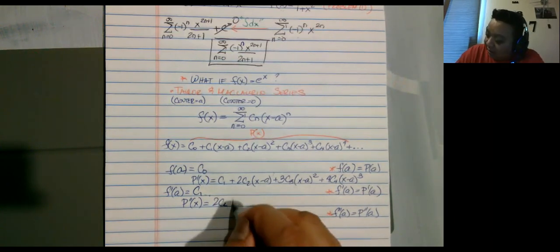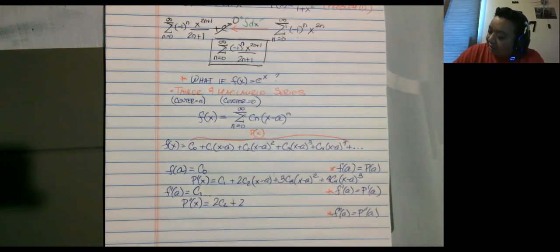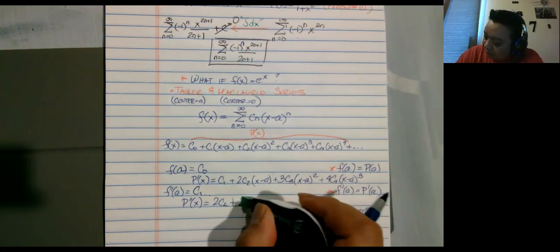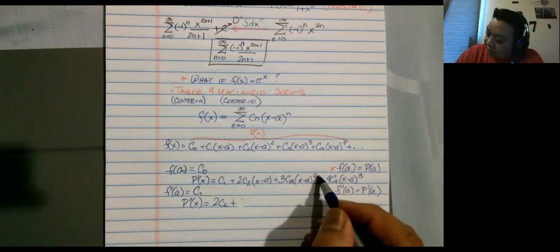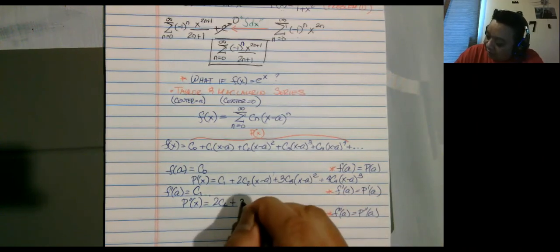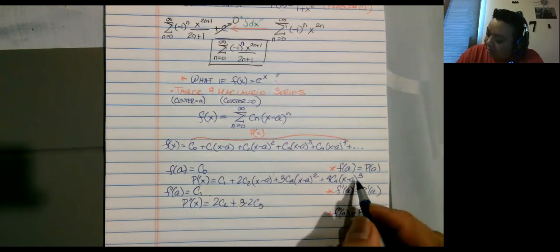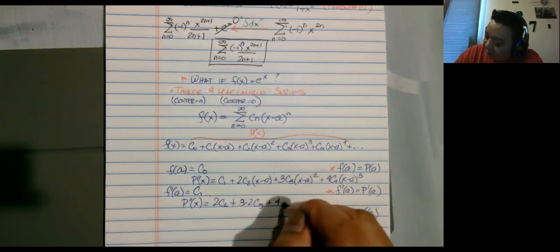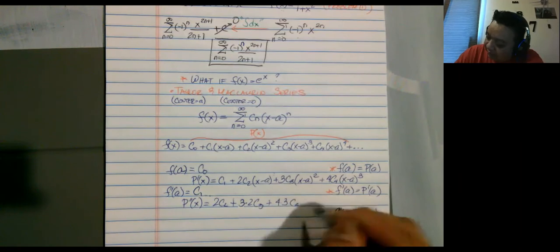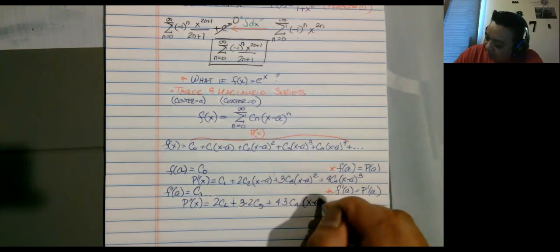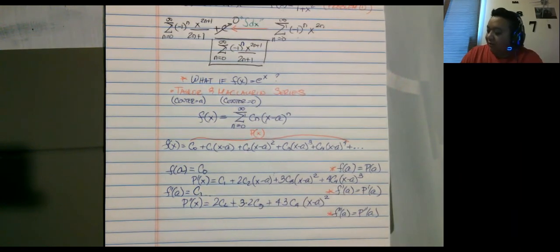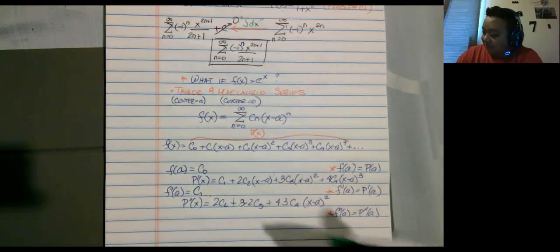This would be plus 3 times 2, since the 2 comes down, so you get 3 times 2 c3 (x minus a), and then 4 times 3 c4 (x minus a) to the second power.